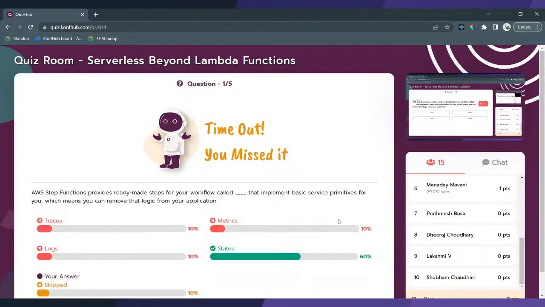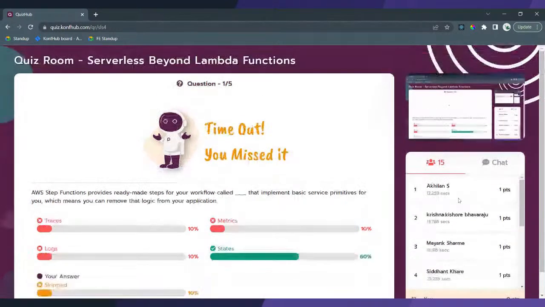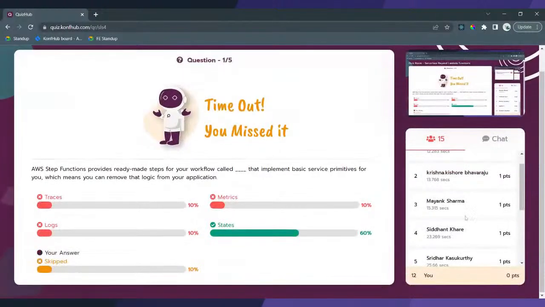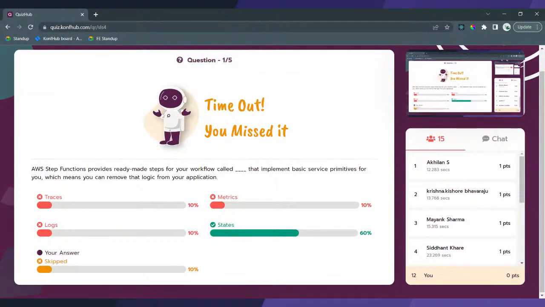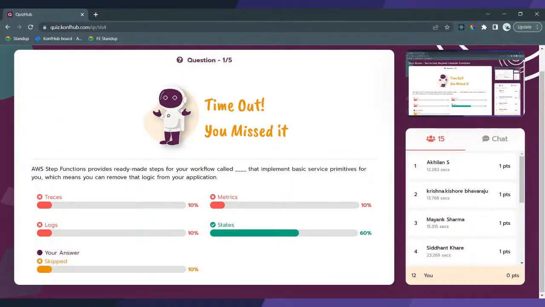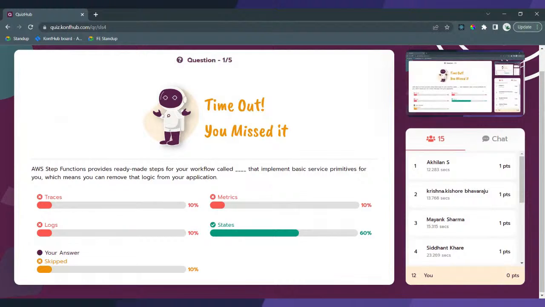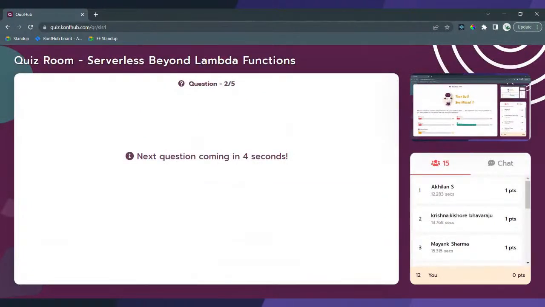Time's up for the first question, and 6 participants got the correct answer. Coming up to the next question.